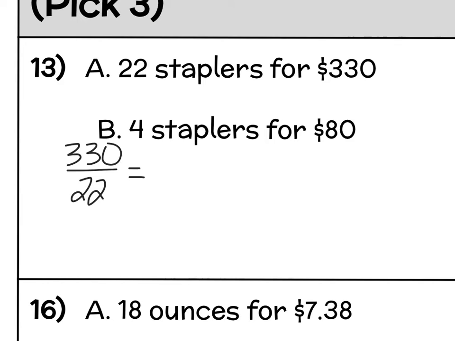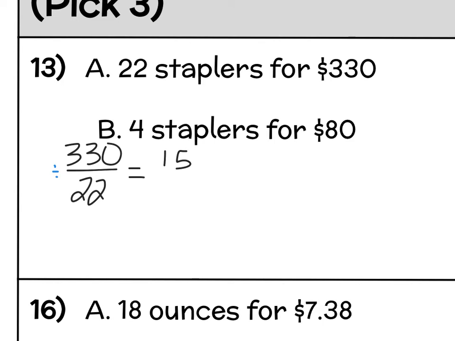And hopefully you remember, in order to get 1 on the bottom to find out how much one stapler is going to cost, we are going to divide. So we're going to divide 330 divided by 22, and we get the answer of 15.